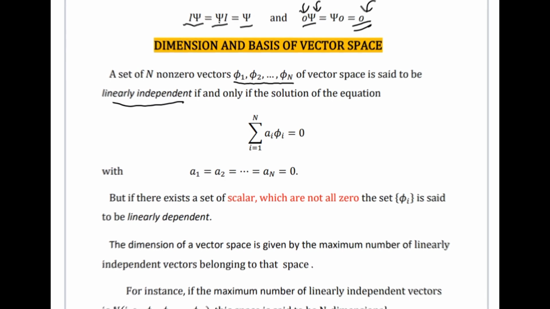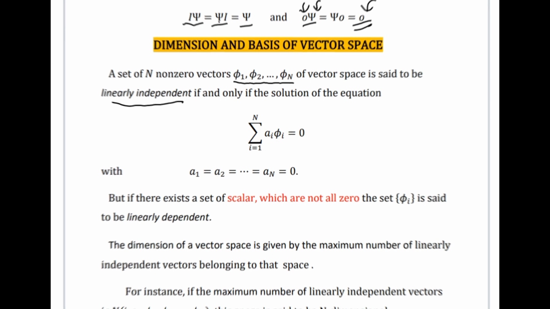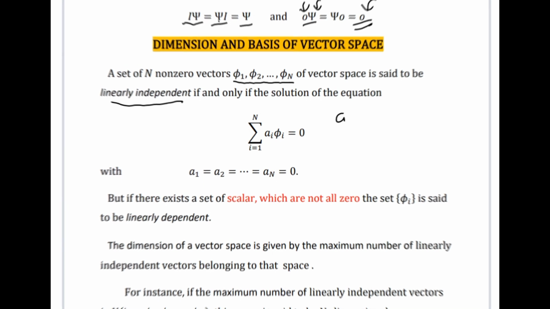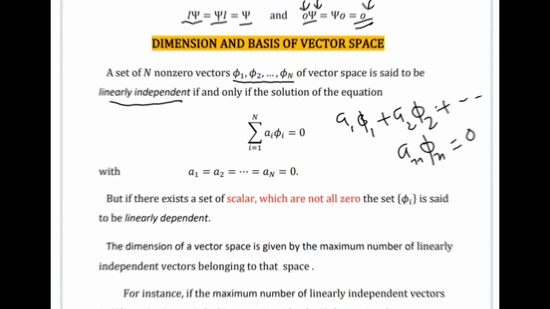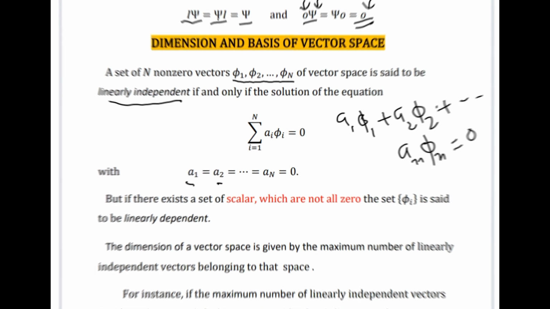All these vectors are called linearly independent if their equation a1 phi 1 plus a2 phi 2 plus dot dot dot dot an phi n is equal to 0 is possible only with all scalars being 0, a1, a2, dot dot dot dot an are 0.